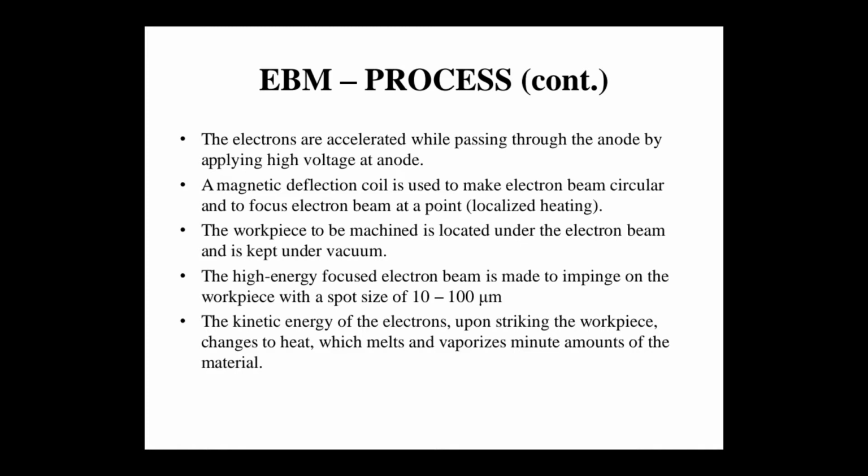After that, the high energy focused electron beam is made to impinge on the workpiece with a spot size of 10 to 100 micron. Then the kinetic energy of the electrons upon striking the workpiece changes to heat, which melts and vaporizes a minute amount of the material.